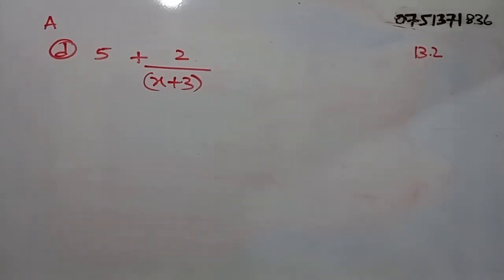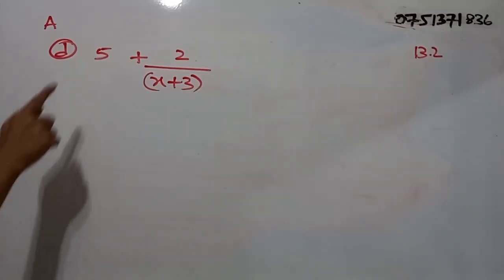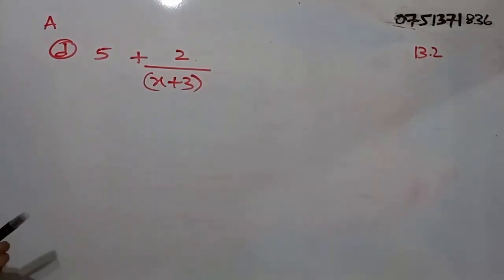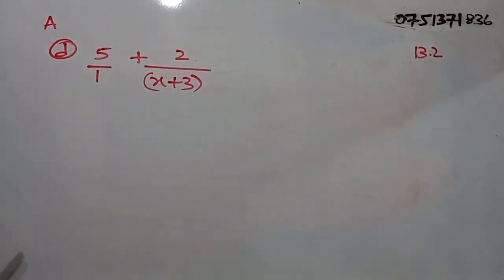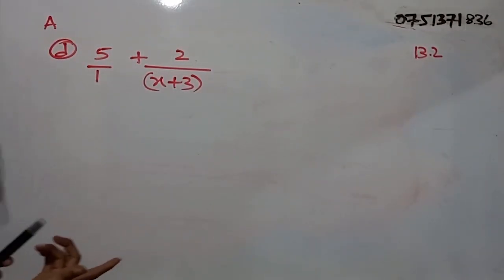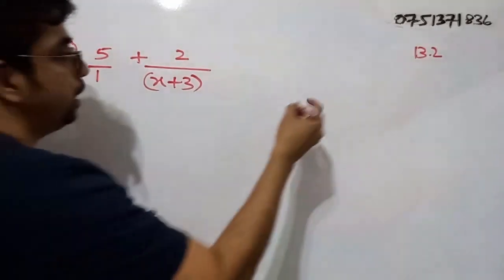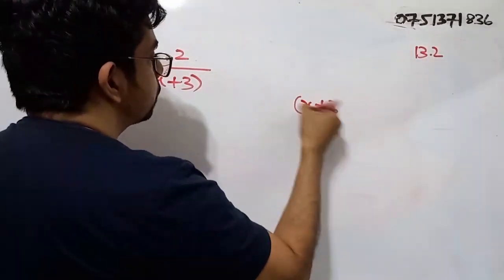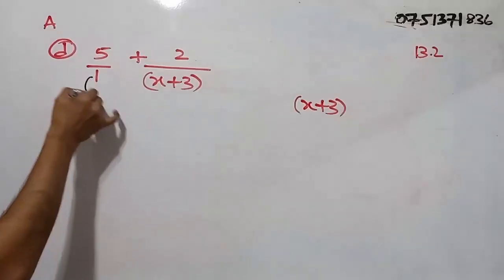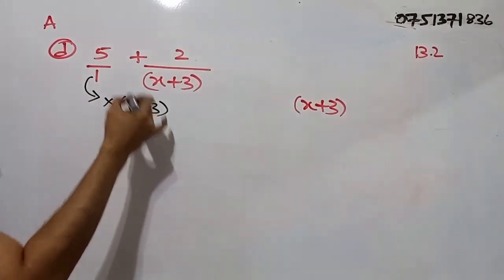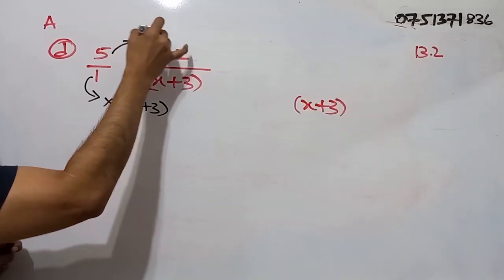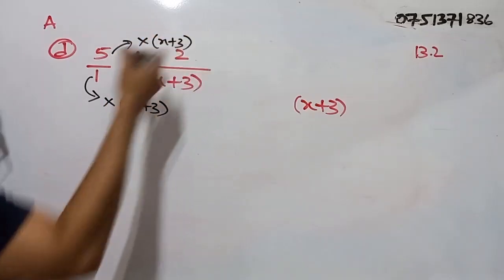Okay. So next one, right? So as you can see here we have a number. So we can rewrite this number as a fraction as 5 by 1. So that means what will be the least common denominator? In this case it will be x plus 3. Here what do we have to do? We need to multiply 1 with x plus 3. That means we need to multiply 5 with x plus 3.